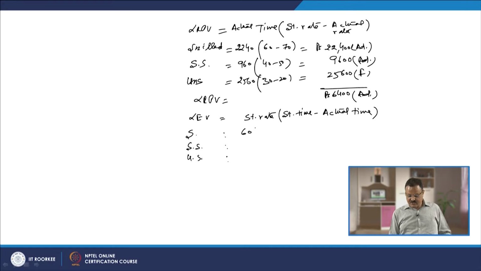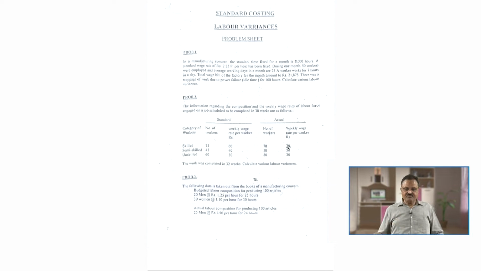In case of the skilled, what is the standard rate? The rate is 60, and the standard time was 2250, and the actual time is 2240. This is the time because we are given in this problem how many weeks are standard. Standard weeks are 30, and the number of workers is 75.